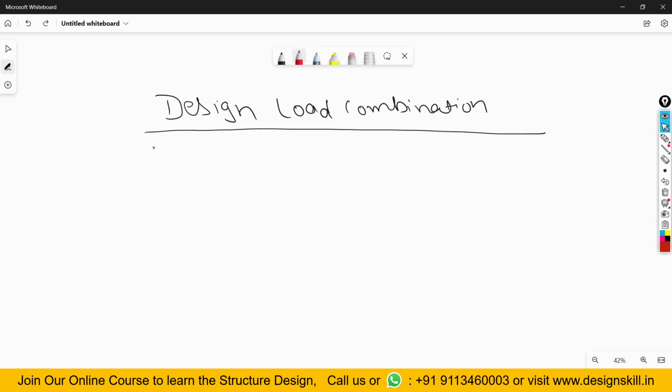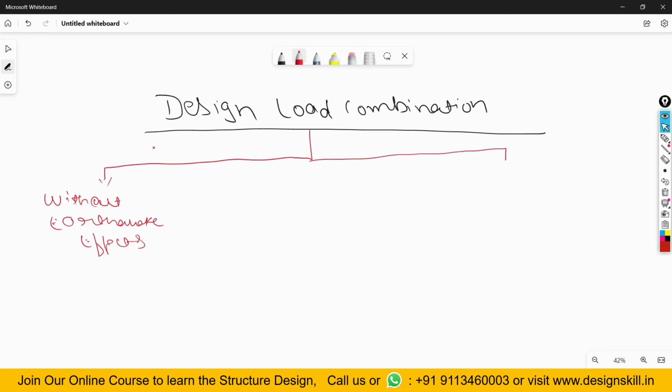I will consider two types of design load combination. The first will be without earthquake effect, and the second will be with earthquake effect.